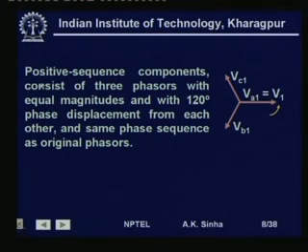What are these sequence quantities? Positive sequence components consist of 3 phasors with equal magnitude and with 120-degree phase displacement from each other. This is shown here, that is, we have a balanced, symmetrical set, where we have 3 phase quantities VA1, VB1, VC1, and these are 120 degrees out of phase.